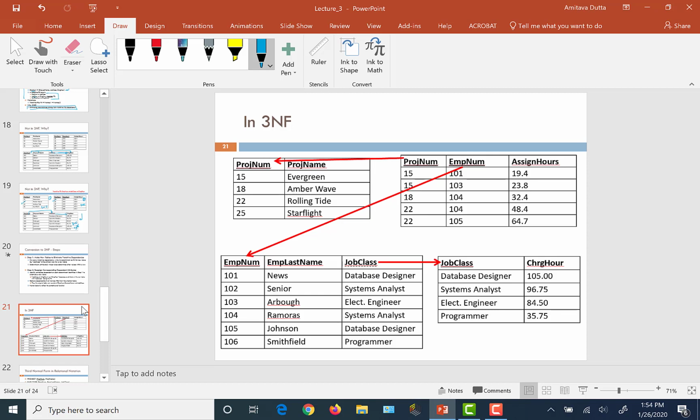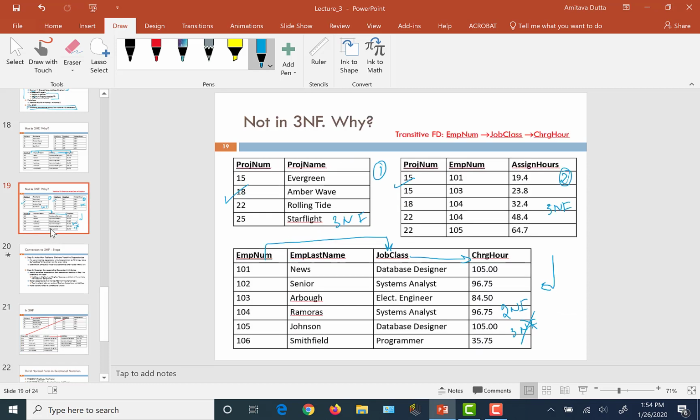So just to show you the end result of the split, here's the original employee table. We had 1, 2, 3, 4 columns. So what we do is take this functional dependency, which is the transitive piece, and just pull it out into a fresh table.